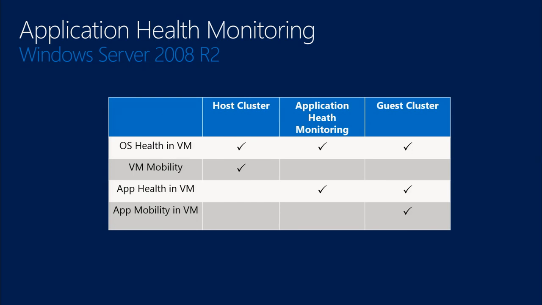And on the original node, do your updates, bring the application back, update the second one, just like on physical clusters, and keep your application in production as you're going through that either OS or application upgrade. It's also very helpful with things like Patch Tuesday and other scenarios where you need to do updates.